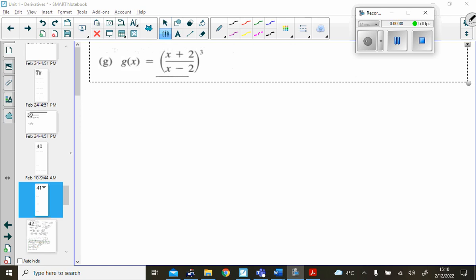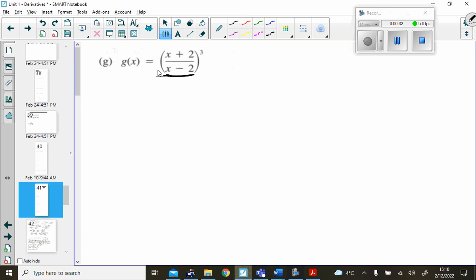Alrighty, so I'm seeing something complicated inside this bracket all to the third power. So I'm going to treat this like it's a chain rule to do the derivative. So the derivative of this function, I'm going to take the 3 out, keep this entire bracket the same, x plus 2 over x minus 2, reduce the power by 1, but then you have to multiply by the derivative of what's inside this bracket.